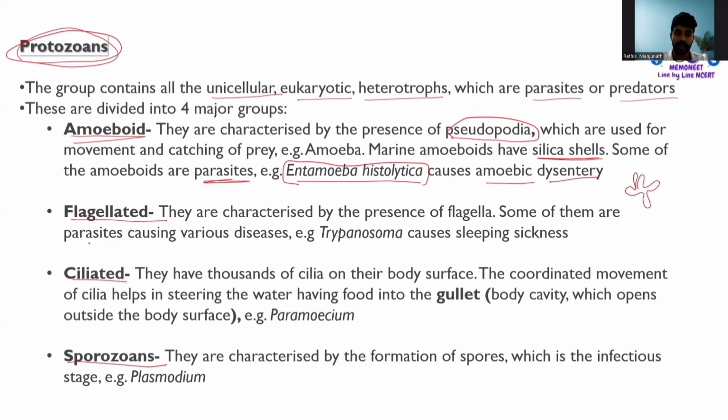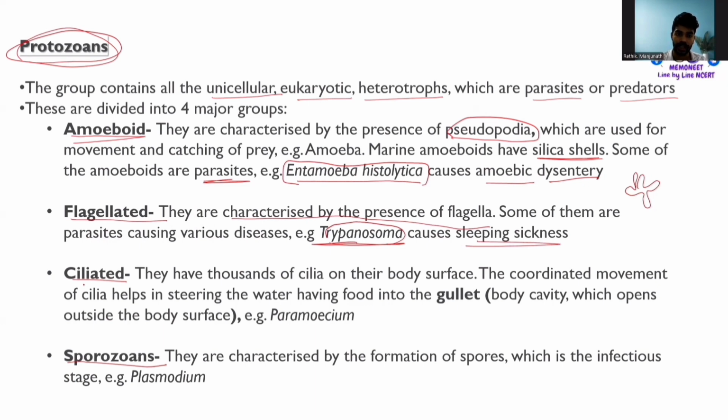The second major group is flagellated protozoans. They are characterized by the presence of flagella. Some of them are parasitic and cause various diseases, such as Trypanosoma, a kind of flagellated protozoan, which causes sleeping sickness.